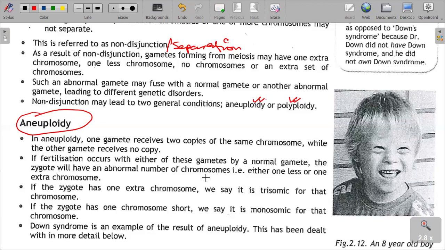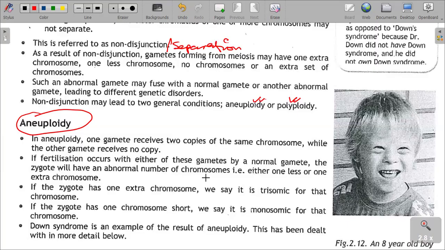If the zygote has one extra chromosome, it is termed trisomic for that chromosome, meaning it has three copies of the same chromosome.